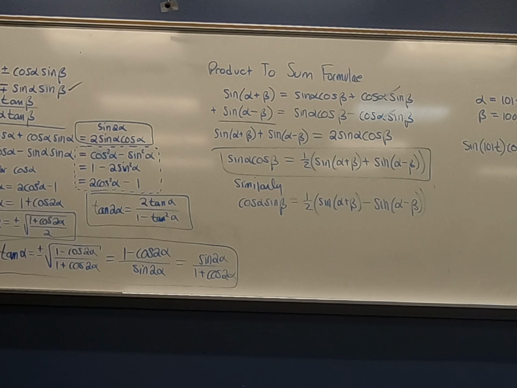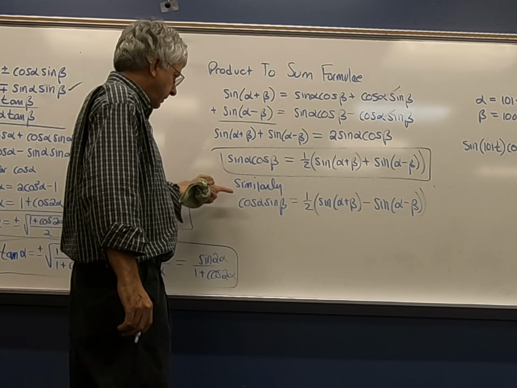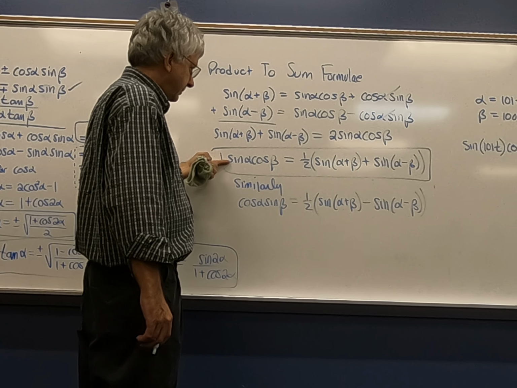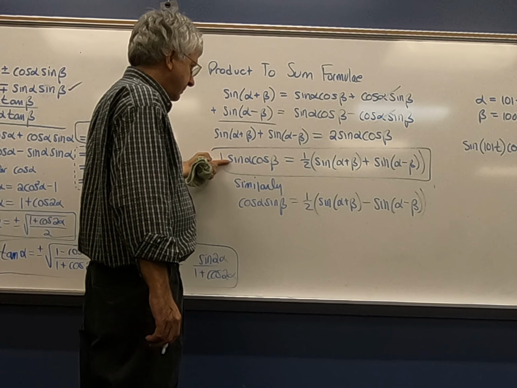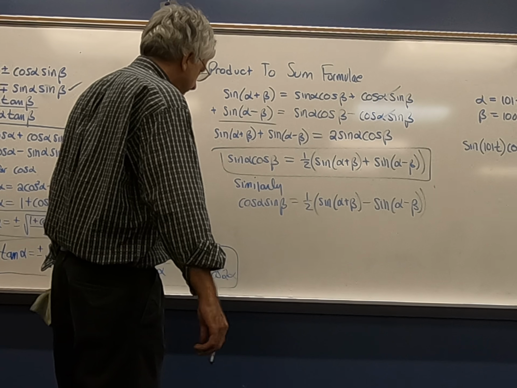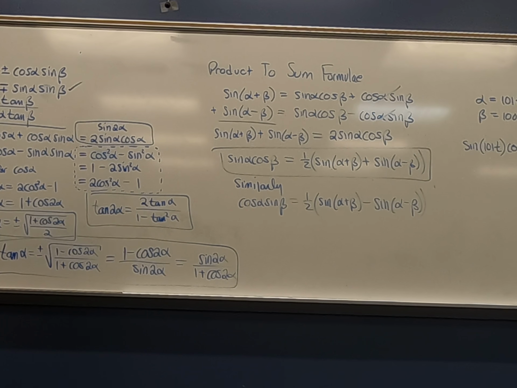Is it really just the same thing in a way? I mean, you've got a cosine times a sine, right? Yeah, we reverse the angles, and then you get a difference instead of a sum. So the sine of the difference, right?